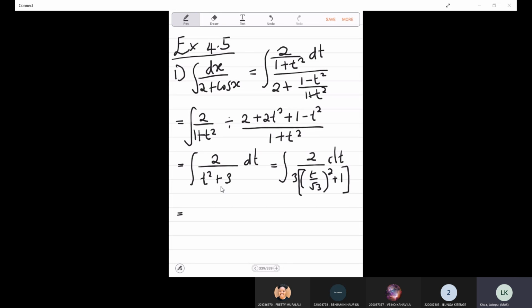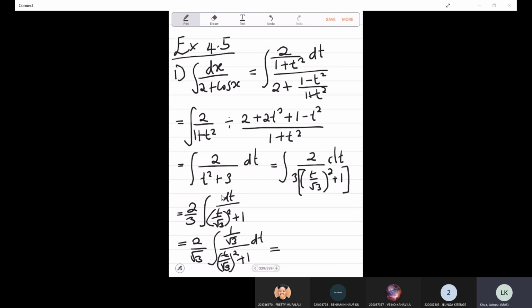So on the outside I have 2 over 3, the integral of dt over (t over the square root of 3) squared plus 1. Then the denominator is in the form where we want to use tan inverse, but in the numerator we need 1 over the square root of 3. So this is 2 over the square root of 3, integral of 1 over the square root of 3, over (t over the square root of 3) squared plus 1, dt.